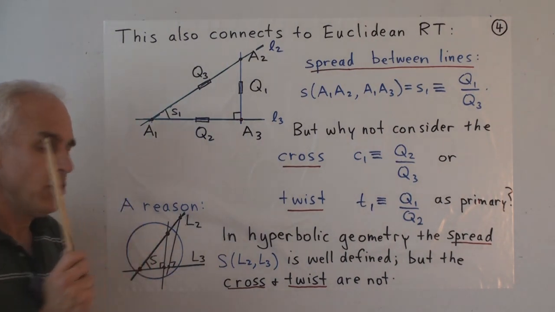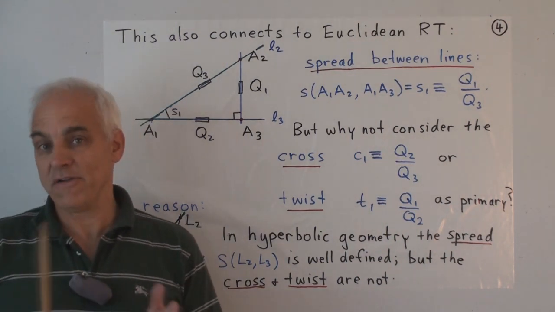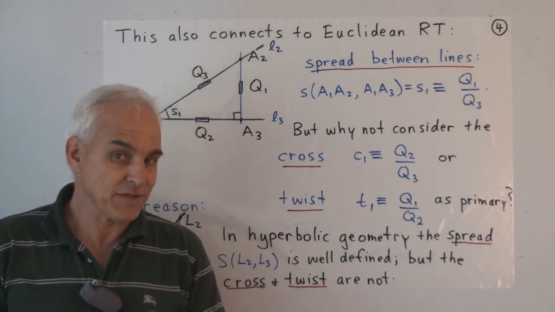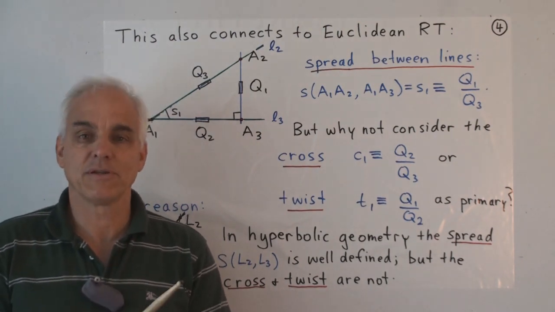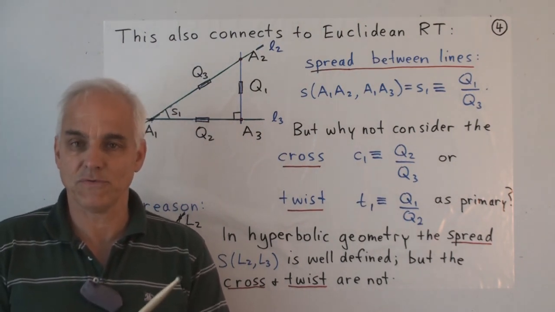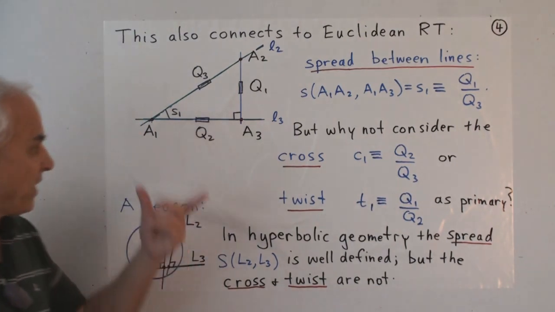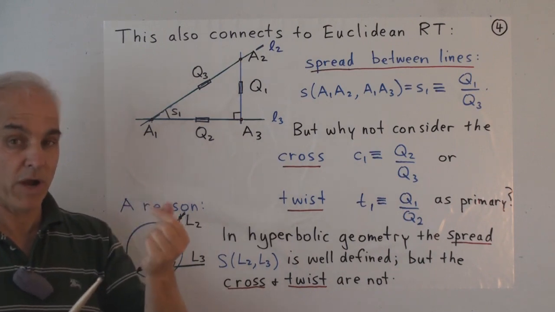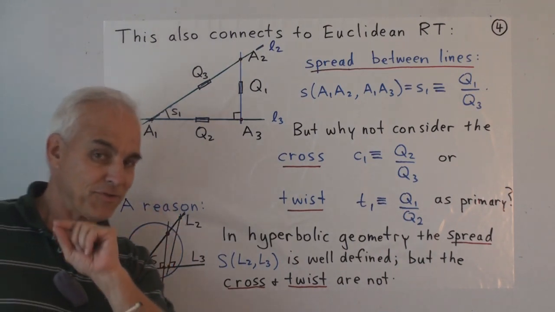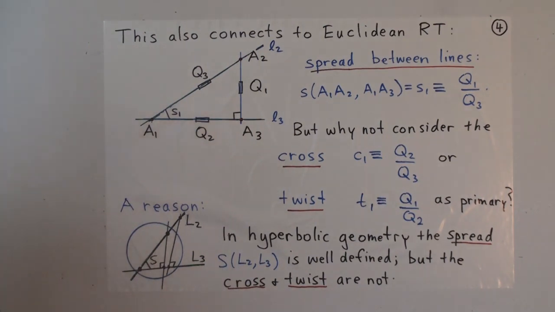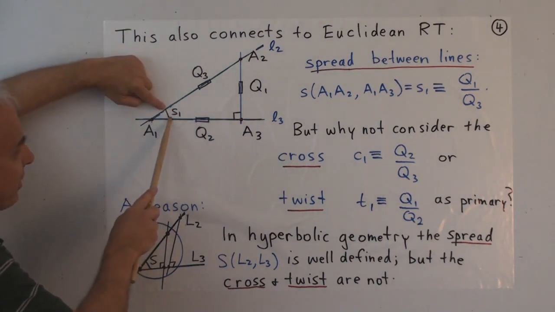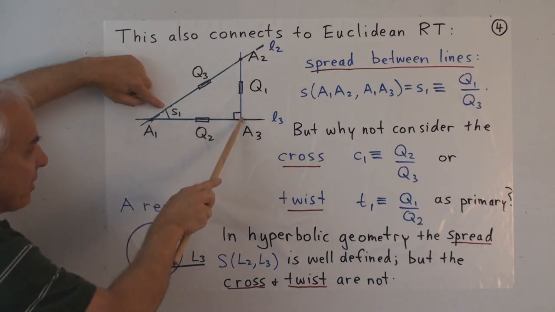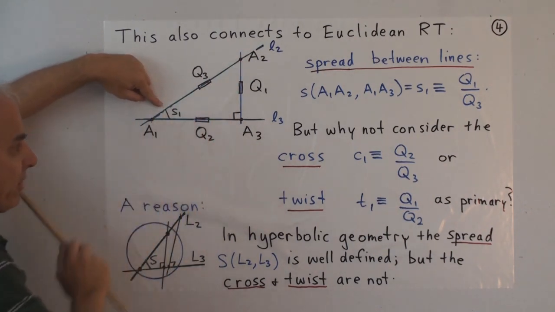Now, in Euclidean rational trigonometry, one of the very first things that you do is define what a spread is. There are various ways of doing that, but the simplest way is probably in terms of a ratio of two quadrants. Once you've defined the quadrants, which in Euclidean geometry is just the square of the distance, or rather the distance is the square root of the quadrants, the spread between these two lines can be defined as the ratio between this opposite quadrants and this hypotenuse quadrants.